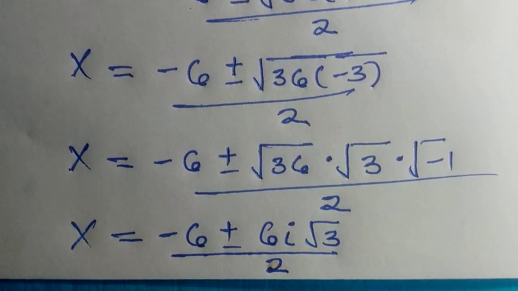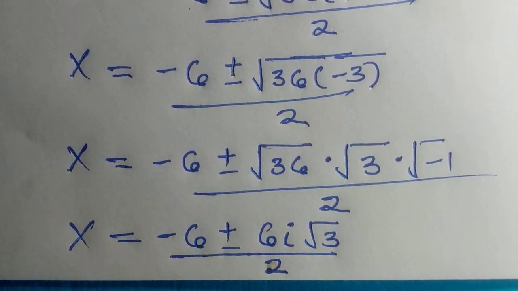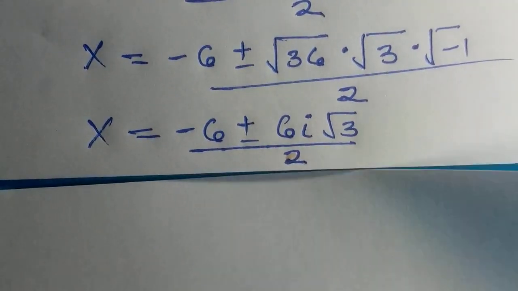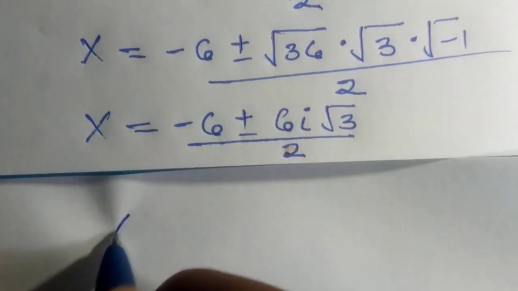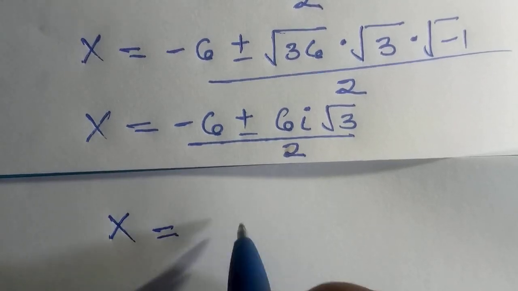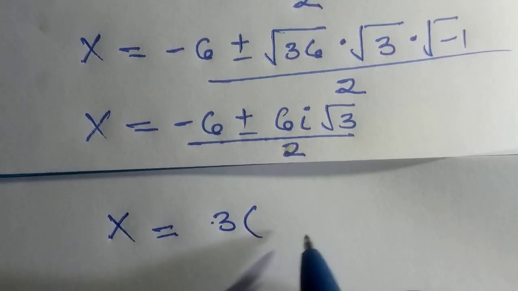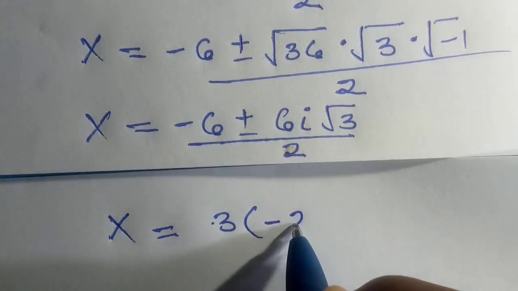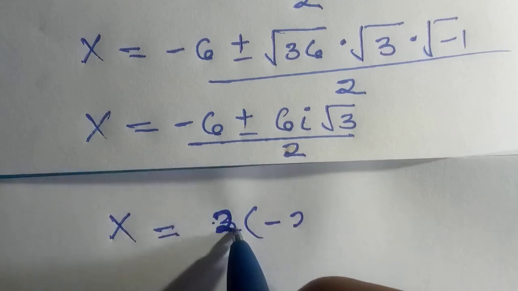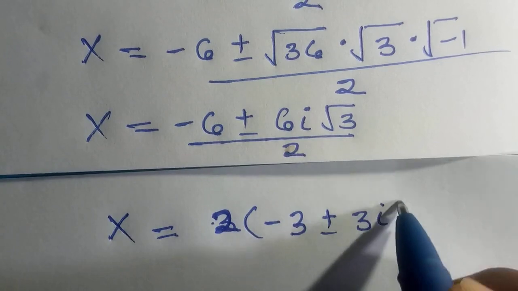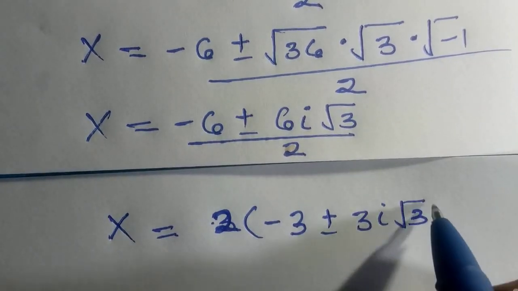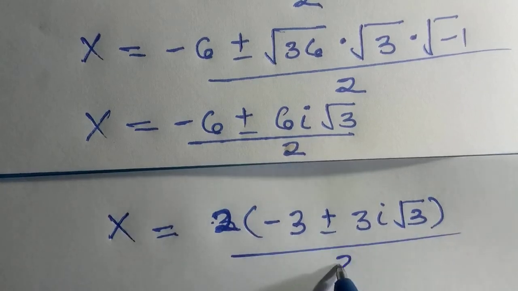So having this value, we are going to factor out 3 from here because 3 can go in this. And when 3 goes in that one, we have x equals, we take out 3, and let's say we take out 2, and here becomes minus 3 plus or minus 3i root 3 divided by 2.